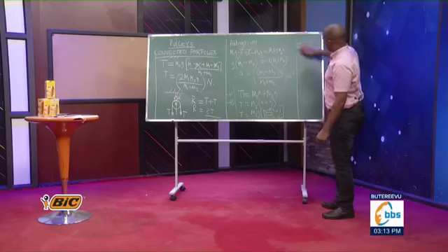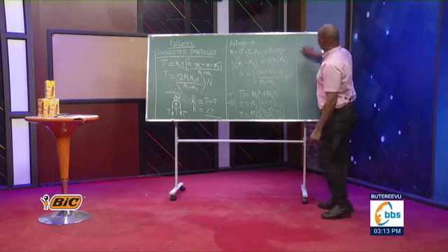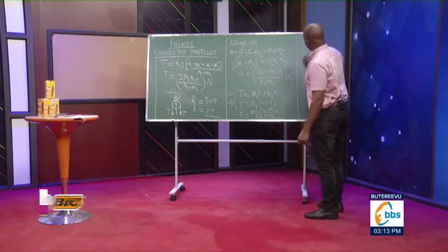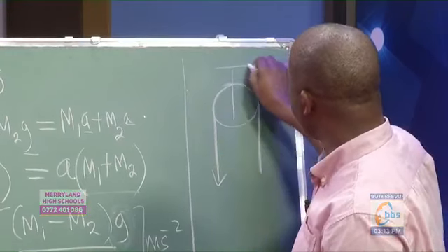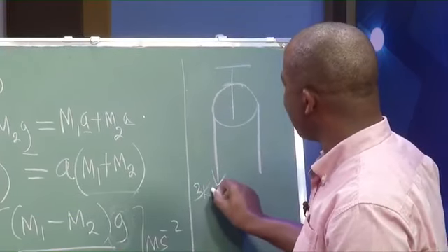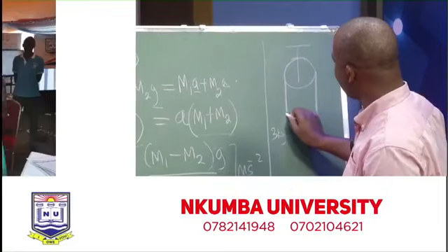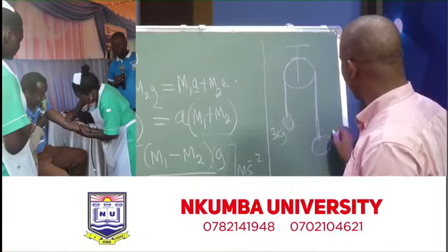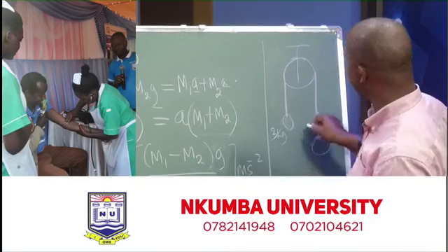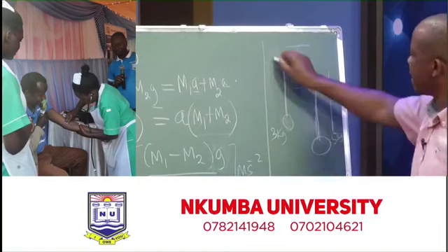Now, quickly, we will try out one more number. I know last time we did one using that formula, assuming that I have two masses, one for 3 kilograms and one for 5 kilograms, and they want me to find the acceleration and the tension.